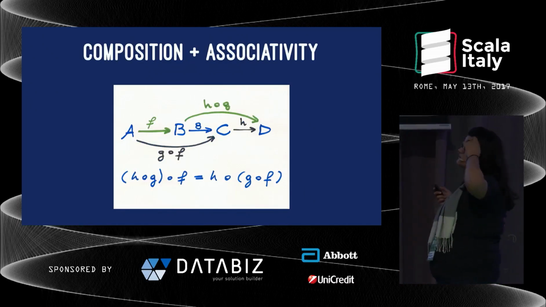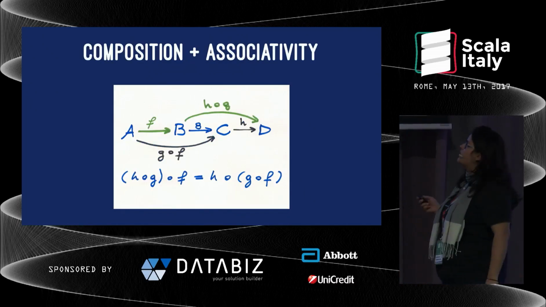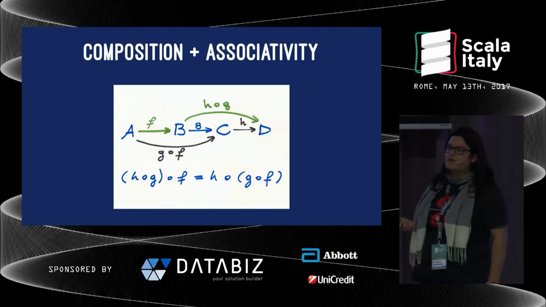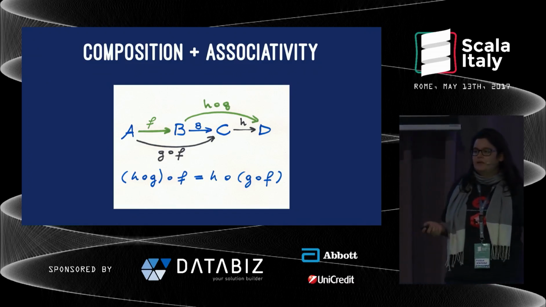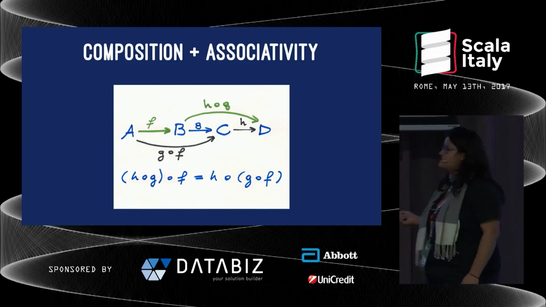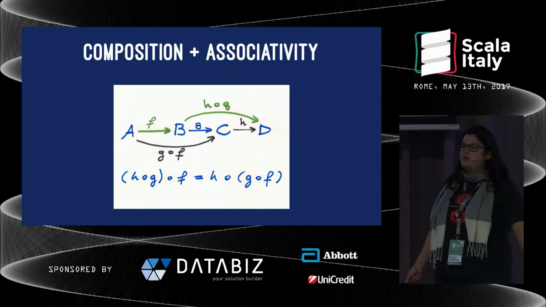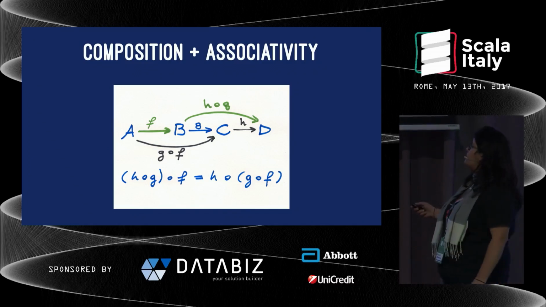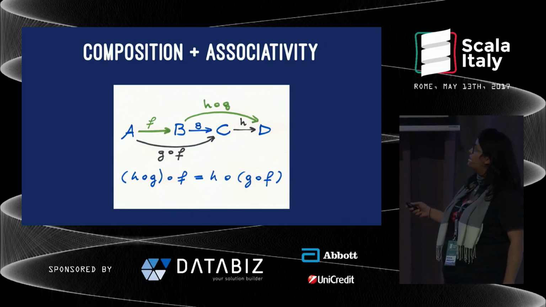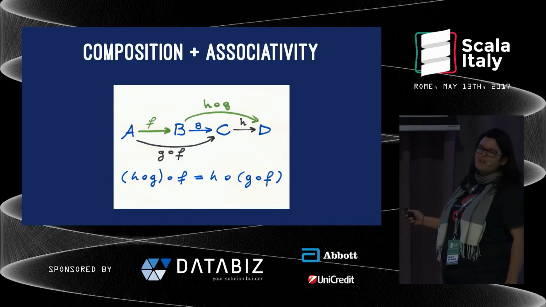Last rule of our game: when we compose things, the composition must be associative. What does it mean, really? That we don't care about parentheses. So if I go for the green path, I say H after G, and then I do that after F, it's the same as saying, okay, I'm going to do H after G after F. Really complex stuff.